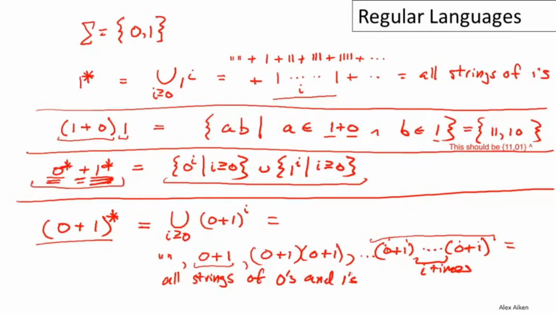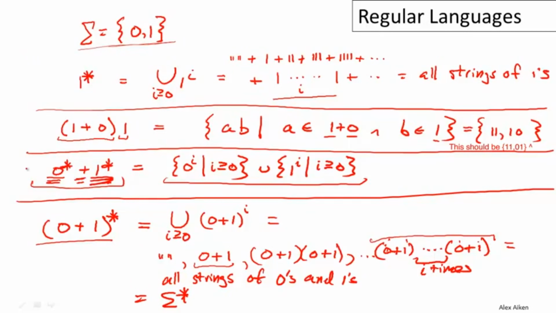If you look back, our alphabet only consists of 0 and 1. And so this is the set of all strings that you can form over the entire alphabet. And that has a special name. When you have a regular expression that denotes the set of all strings you can form out of the alphabet, we write that as sigma star. Okay, so just meaning all the strings of the alphabet iterated as many times as you like.